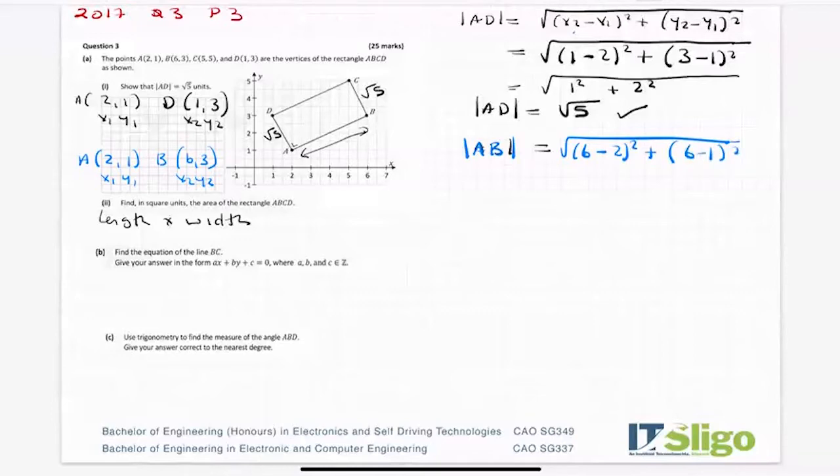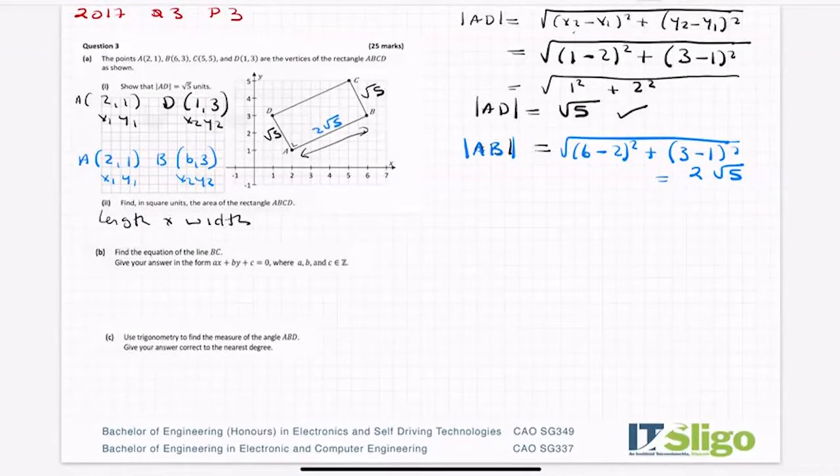Put that into your calculator with the right values, and you get root 20 or 2 root 5. So I'm getting 2 root 5 when I put that into the calculator.